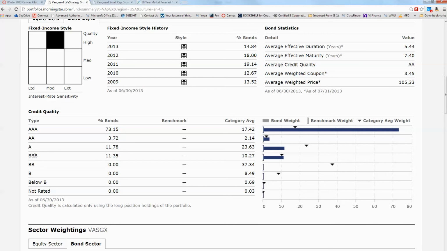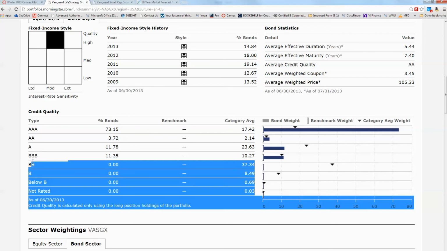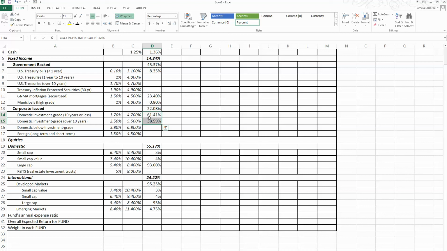So anything triple B or above is considered investment grade, and anything below triple B is below investment grade. So they do not have any below investment grade. All of their bonds are investment grade. So I was correct to put all of them in just the investment grade because they don't have any below investment grade. And they really don't have any significant foreign bonds either, so I'm leaving these two blank.